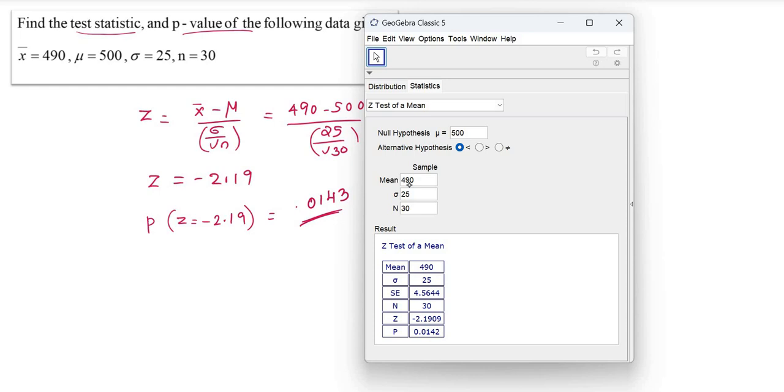That's it. Now we can check the value here. See, the z value is negative 2.19, and the probability is 0.0143, 0.0142. It's okay. So if you use GeoGebra, it is easy to find the value directly instead of from the table.